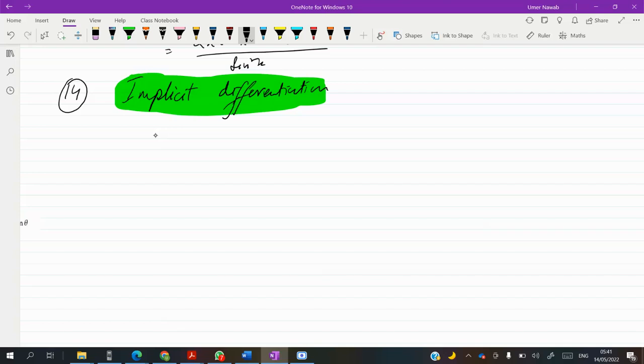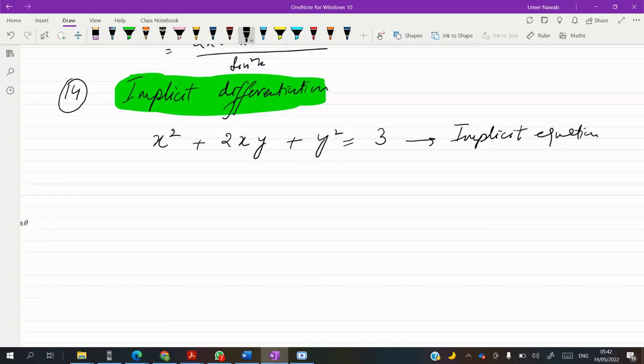Let me write an implicit equation: x squared plus 2xy plus y squared is equal to 3. So this is called an implicit equation. Why is it called an implicit equation? Because it is a mixture of x and y, and you cannot easily make y the subject.